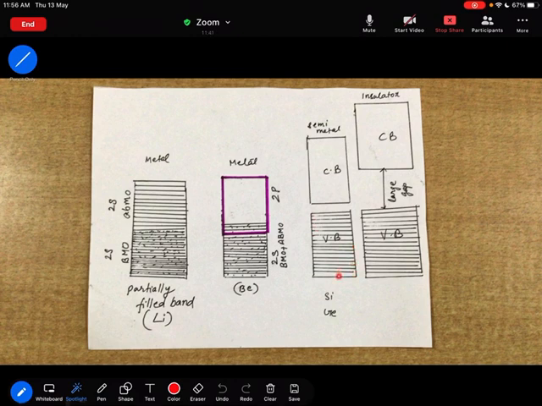And the band formed by slightly higher energy valence orbital is called conduction band. So lower energy valence orbitals form the valence band, and slightly higher energy valence orbitals form the conduction band.